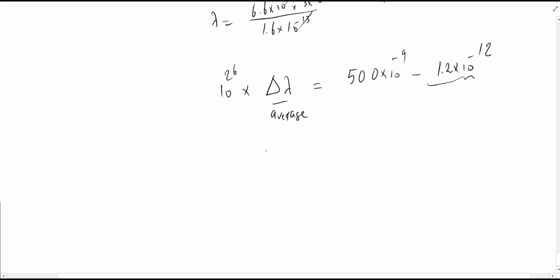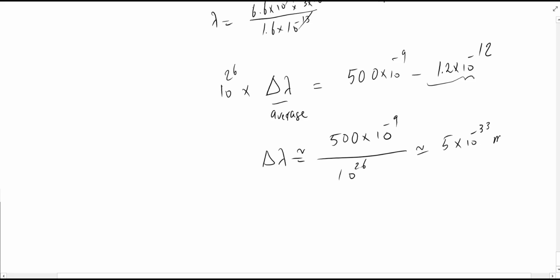So at the end, delta lambda is clearly equal to 500 times 10 to the negative 9, roughly, divided by 10 to the power 26. And if I do the math, negative 9 minus 26, that's minus 35, but don't forget I have two numbers in here, so it's going to be 5 times 10 to the negative 33 meters.